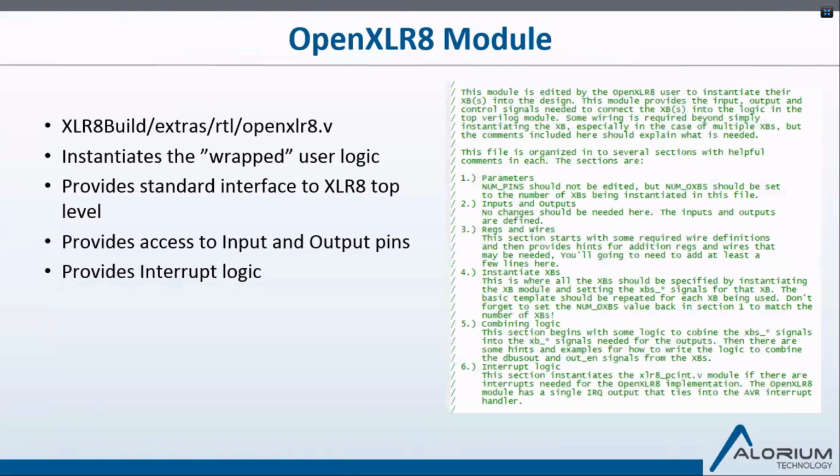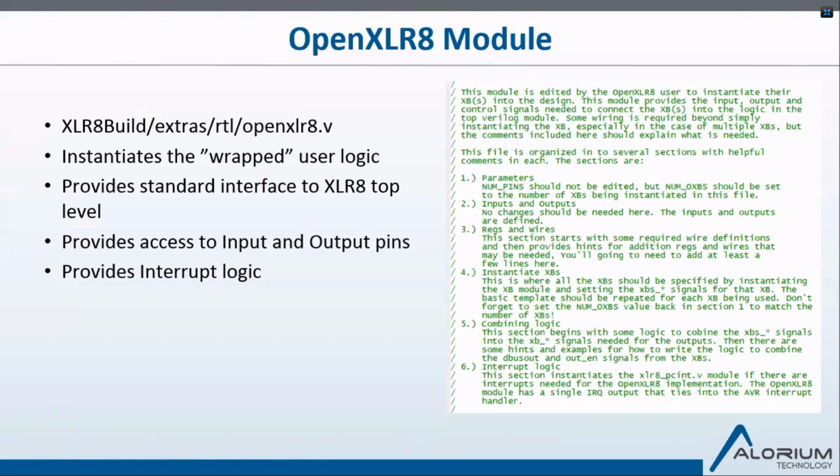Now, as I mentioned earlier, the OpenXLR8.v file is the top level module, and it gets instantiated at the top level of the FPGA logic and communicates directly with the AVR core, with the input and output pins, with the interrupt logic. It provides access to all of that stuff to the user's logic that lives inside of the OpenXLR8 module. So you can communicate with the input and output pins and interrupts and the core itself.